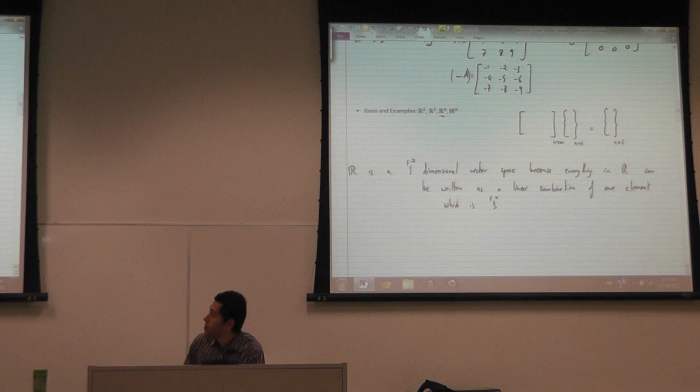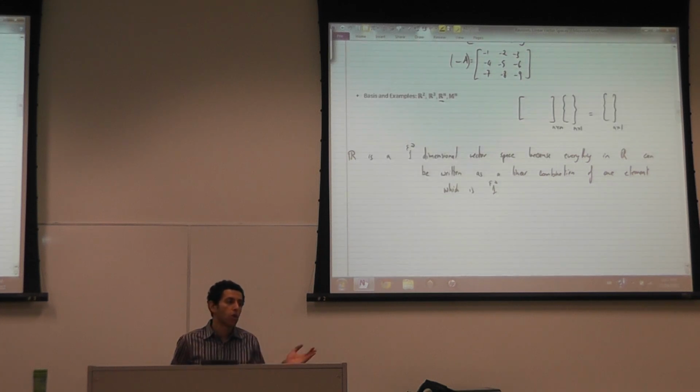Anything in R can be written as a multiple of 1, or of 1.5 or 2. So you need one element in R to describe all the other elements in R.